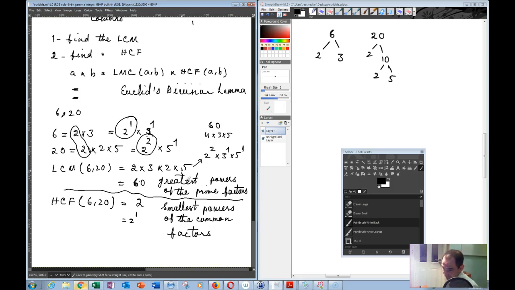Okay, so that's basically how you find the HCF and LCM in a formal way, but you also need to understand that in an informal way, because most probably you're going to forget. I mean, I know I'm going to forget these two definitions even tomorrow.